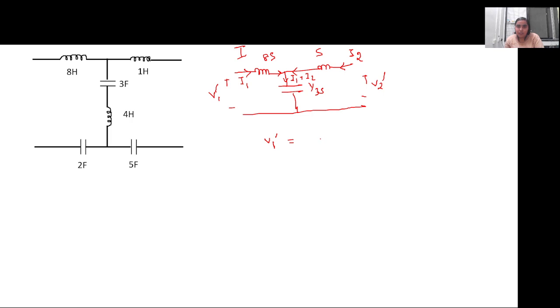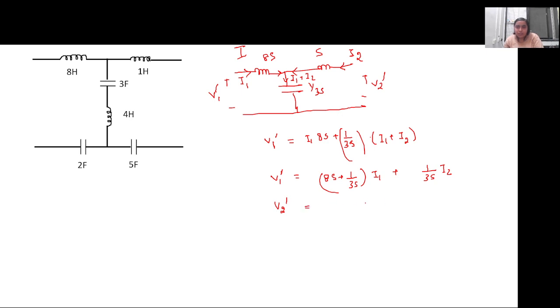So V1 dash will be 8S I1 plus 1 by 3S bracket I1 plus I2, right. So it will be 8S plus 1 by 3S I1 plus 1 by 3S I2. This is V1 dash.